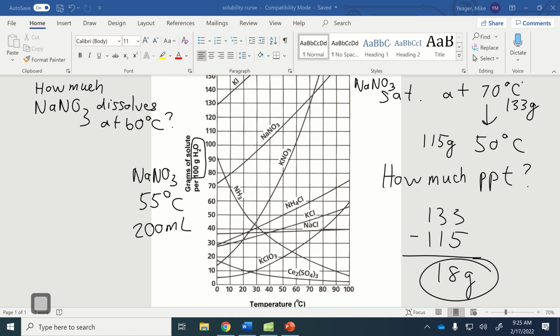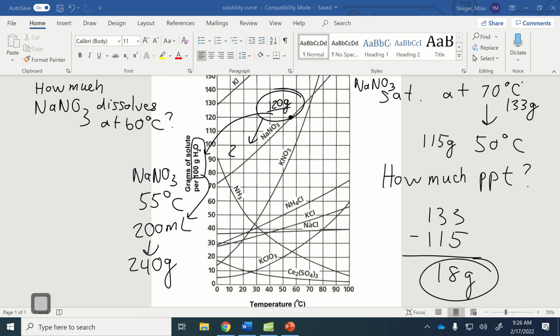Well, at 55 degrees, I purposely picked that because that's like 120. I can dissolve 120 grams in 100 grams of water, or 100 milliliters of water. Well, if I simply double the amount of volume, what can I do with my solute? I double it. So I can get 240 grams of NaNO3 in the solution. So it's always basically a factor.